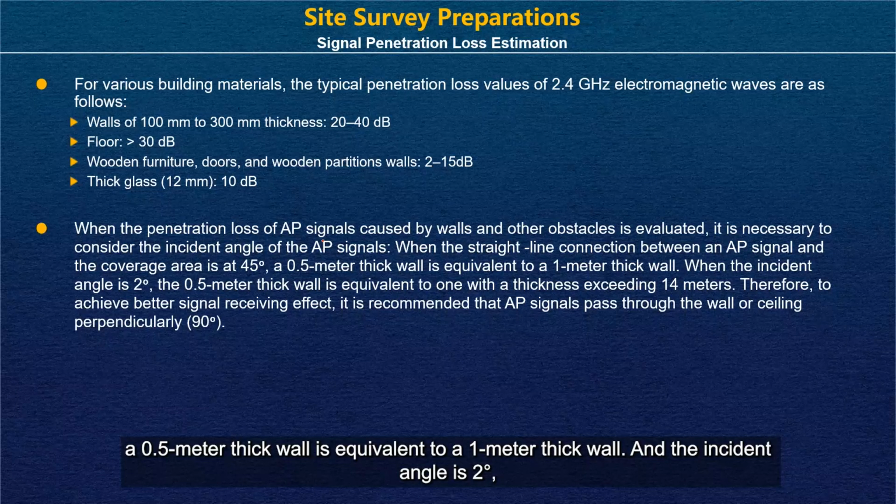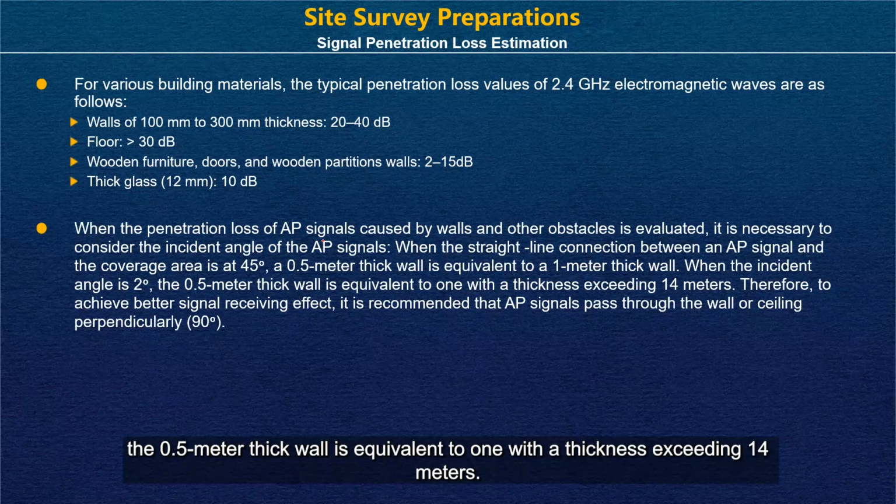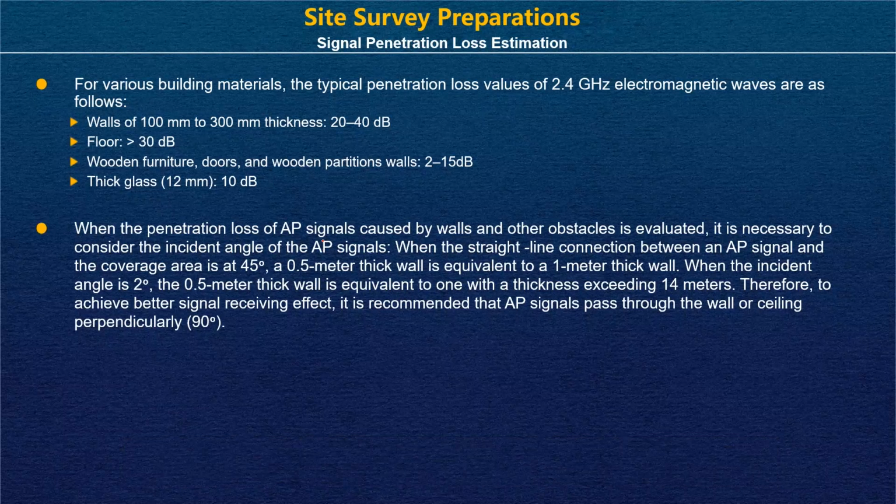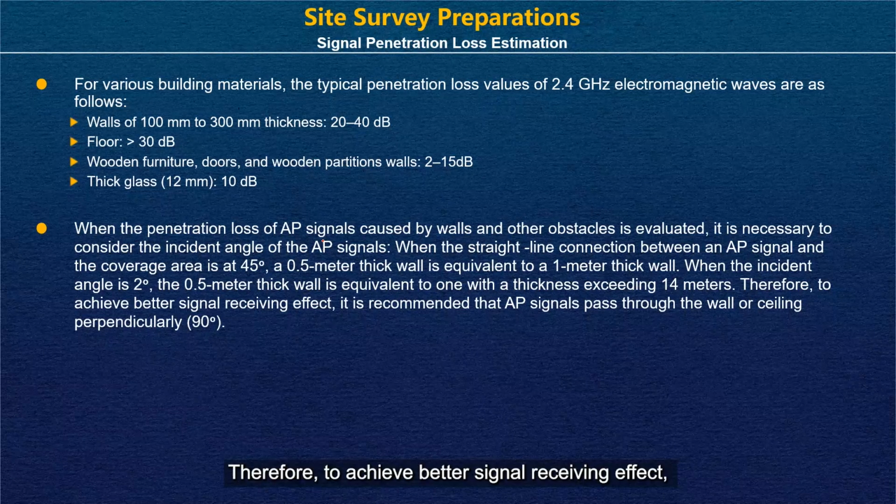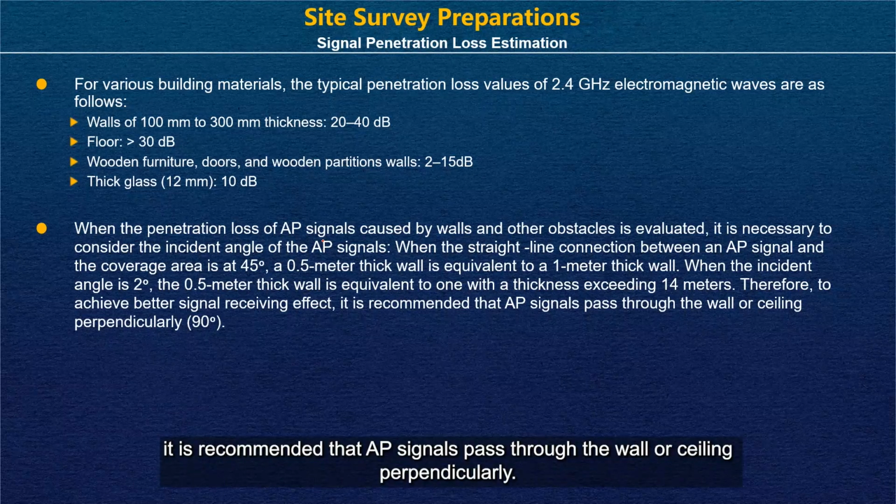And at a smaller incidence angle, a thin wall is equivalent to one with a thickness exceeding 14 meters. Therefore, to achieve a better signal receiving effect, it's recommended that AP signals pass through the wall or ceiling perpendicularly.